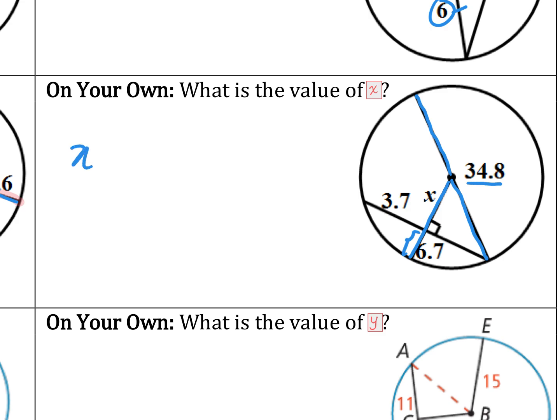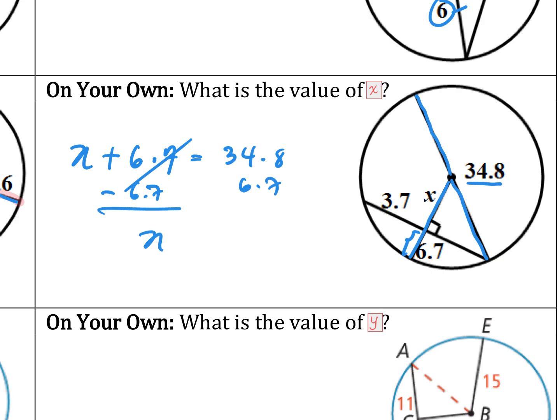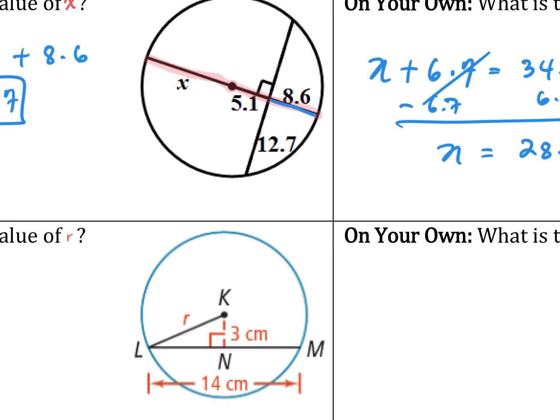Therefore, the value of x plus this 6.7 is going to give you 34.8. Now, minusing 6.7 on both sides, it means to say that x now is going to give you 28.1. It means to say that this value of x is actually 28.1. Okay, let's go to the next one.